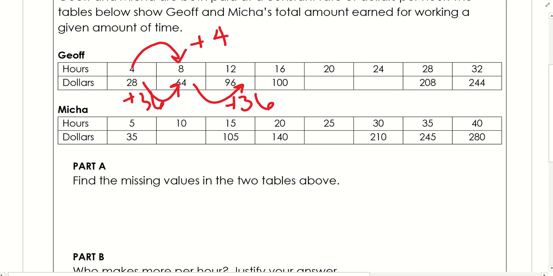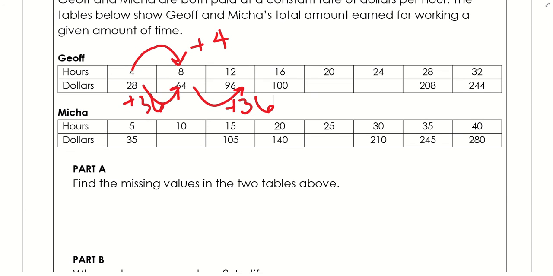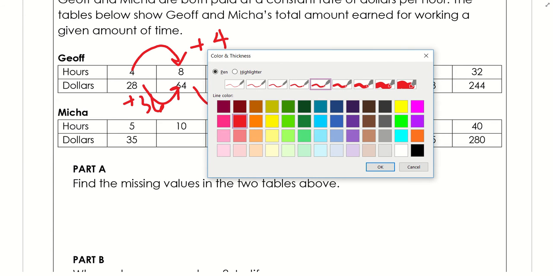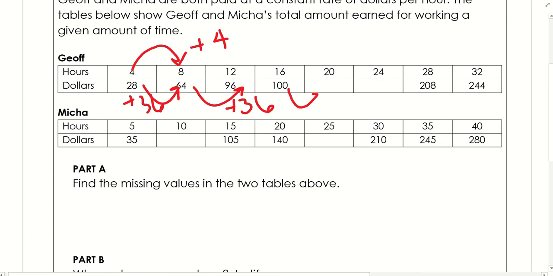So if I know that I have to add 36 every time, then I need to add 36 to 100 to get my missing value in the table. 100 plus 36 gives us 136. And then 136 plus 36 gives us 196.